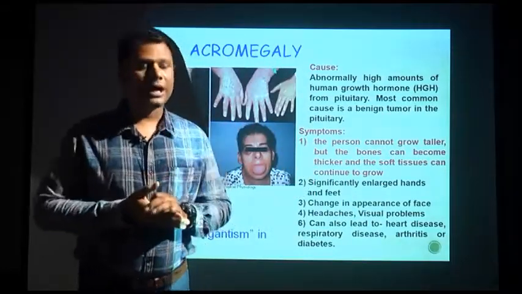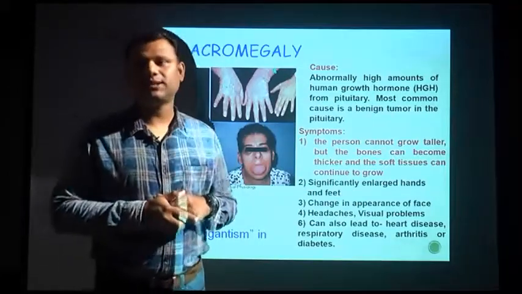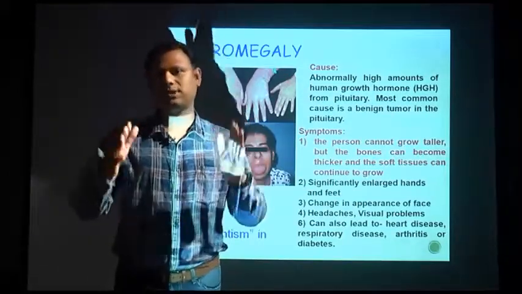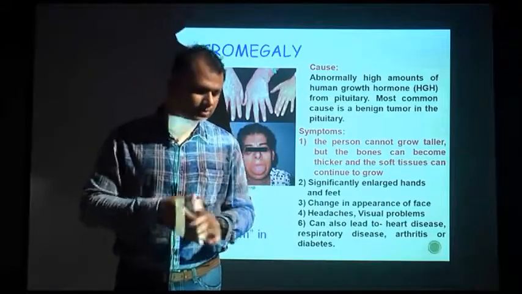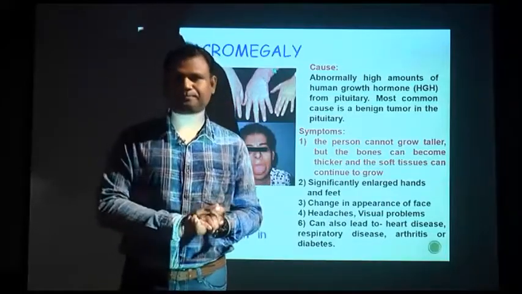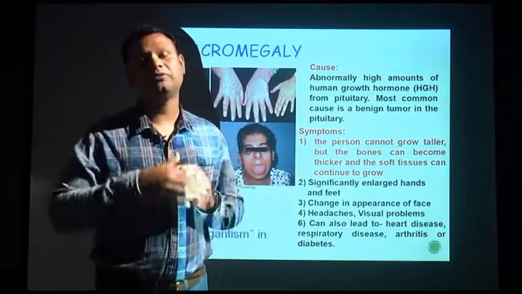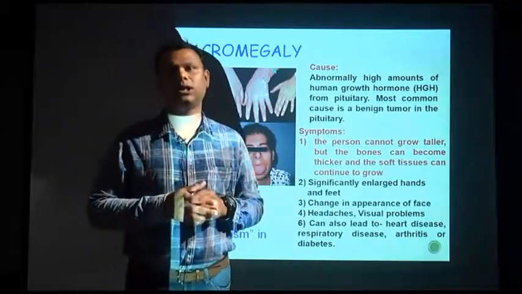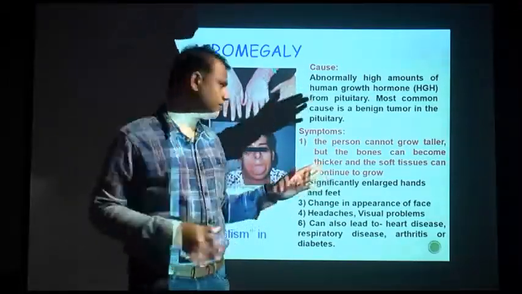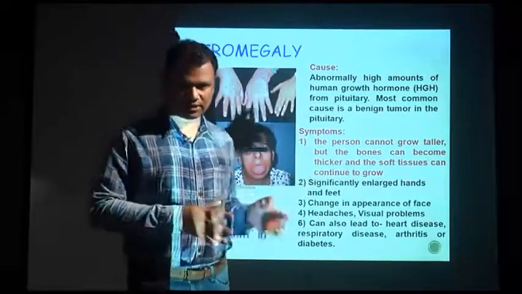So, as our growth hormone is very much essential for whole proportionate growth of our body as well as maintaining body metabolism, any disturbance to this growth hormone, if increased production of growth hormone, can lead to various abnormal complications, which I have mentioned here.